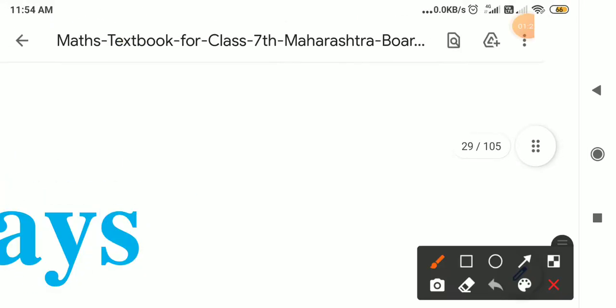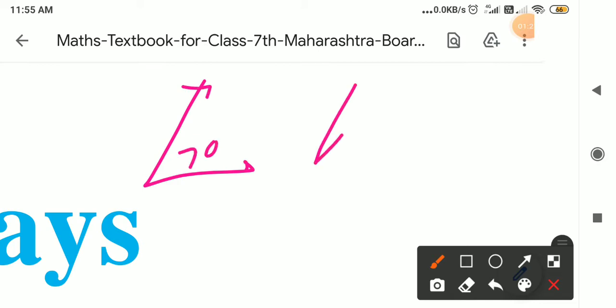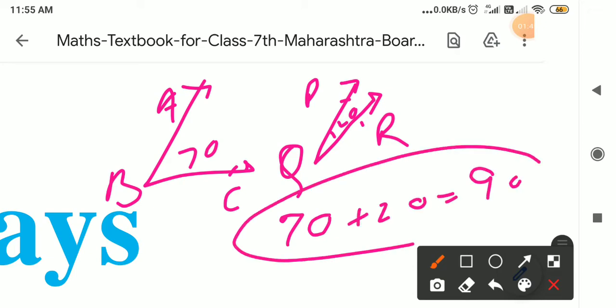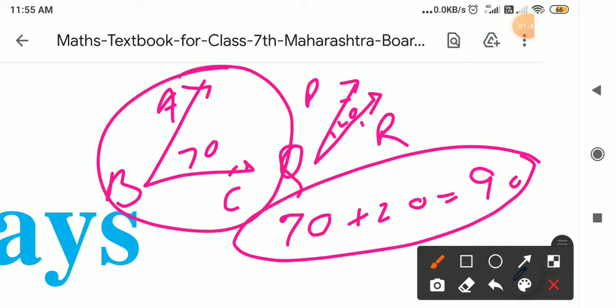Suppose I take two acute angles. This is one angle whose measure is 70 degrees, and one more angle I have taken, its measure is 20 degrees. Suppose ABC is 70 degrees and PQR is 20 degrees. Then if you add these two, you will get 90 degrees. 70 is an acute angle and 20 is also an acute angle.